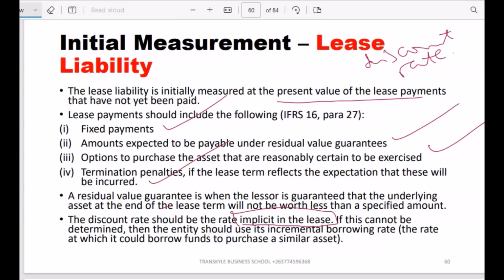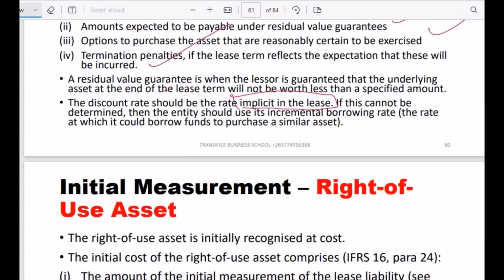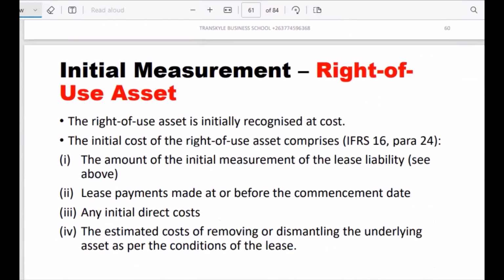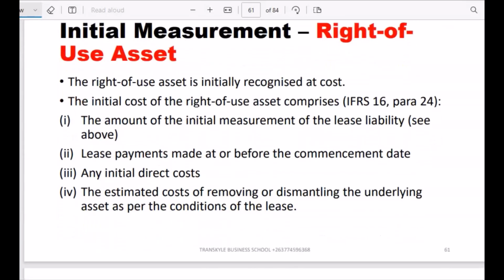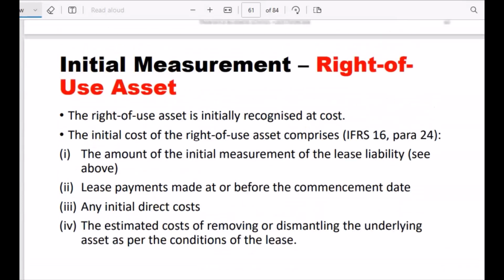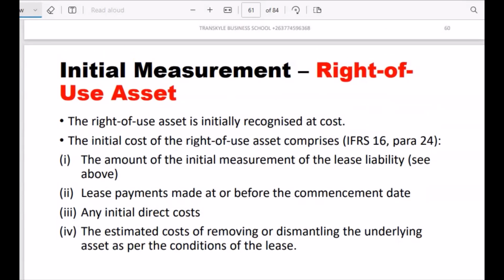All right, what about the right of use asset? How is it measured initially? Initial measurement, right of use asset. Now, the right of use asset is initially recognized at cost.